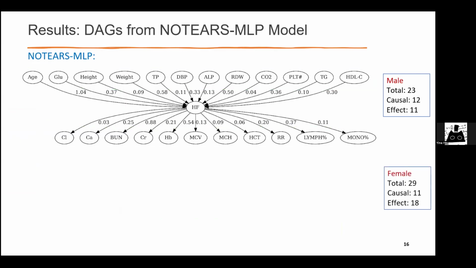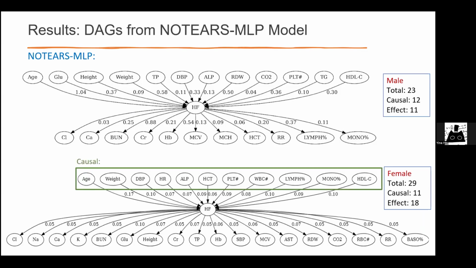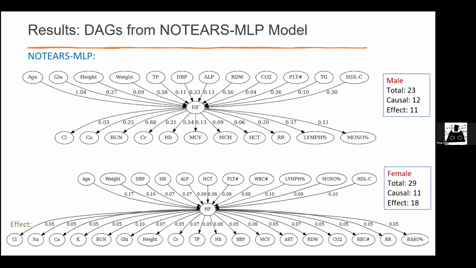Also for the female dataset, a total of 29 features show in the DAG, 11 features cause heart failure, and 18 features are effects of heart failure. For both DAGs, age is the most significant feature.